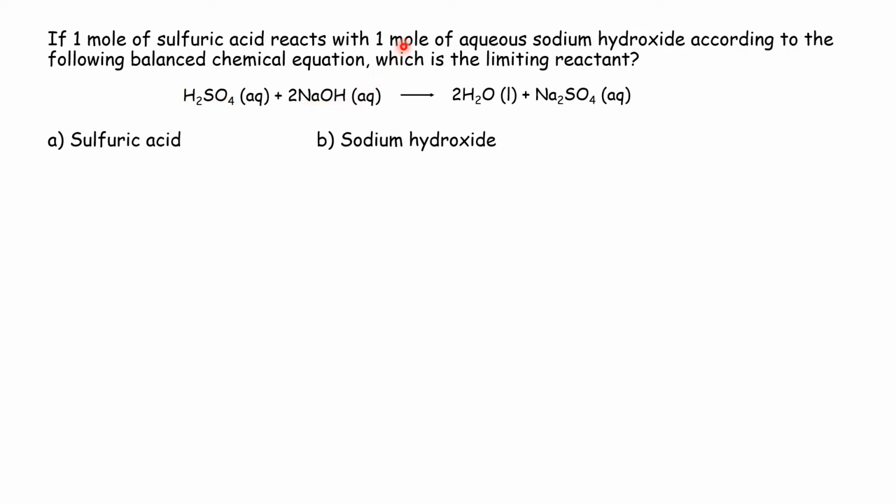We only have 1 mole. We are short of sodium hydroxide. So therefore, sodium hydroxide is the reactant that limits this reaction. It does not have enough. It does not have the required 2. So therefore, sodium hydroxide is the limiting reactant. That's solution number 1, I can say.